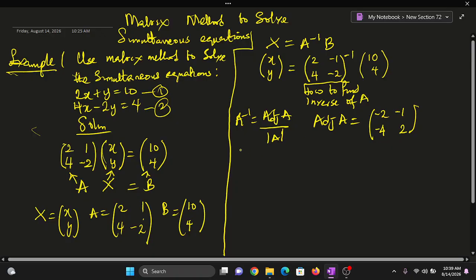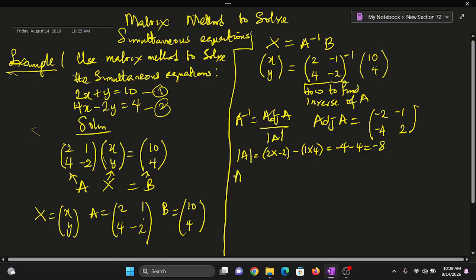So now the next thing is your determinant. By 2 by 2 matrix, you take the cross multiply of it, so which is 2 times minus 2 minus 1 times 4, which is going to be minus 4 minus 4, which is minus 8.